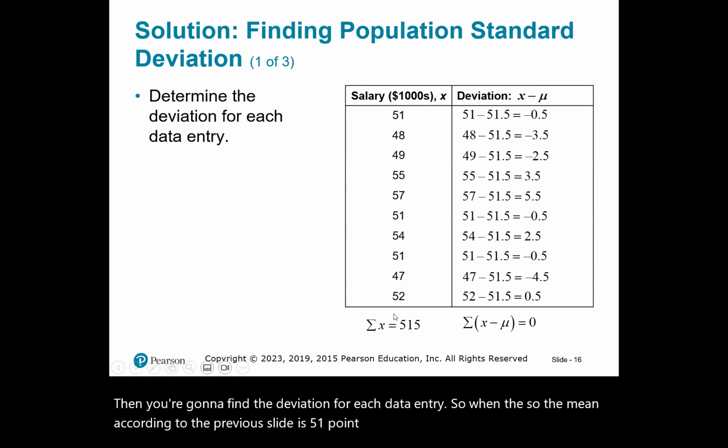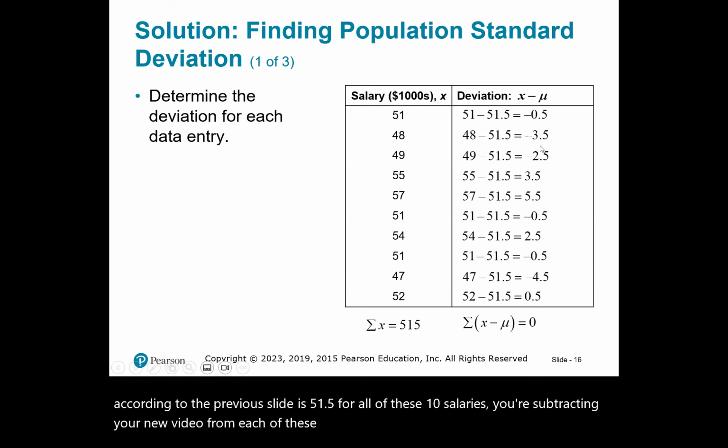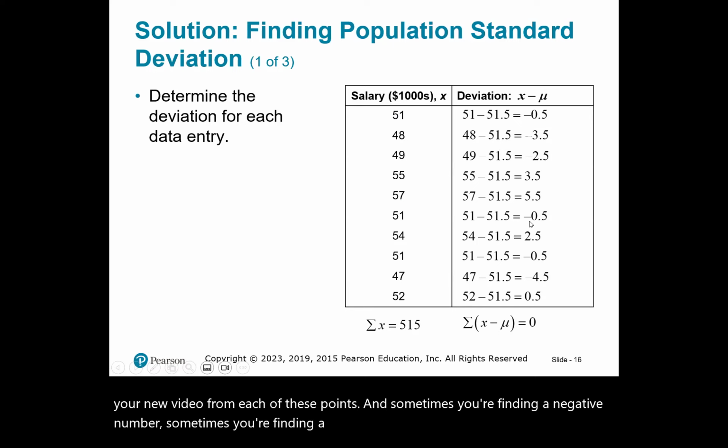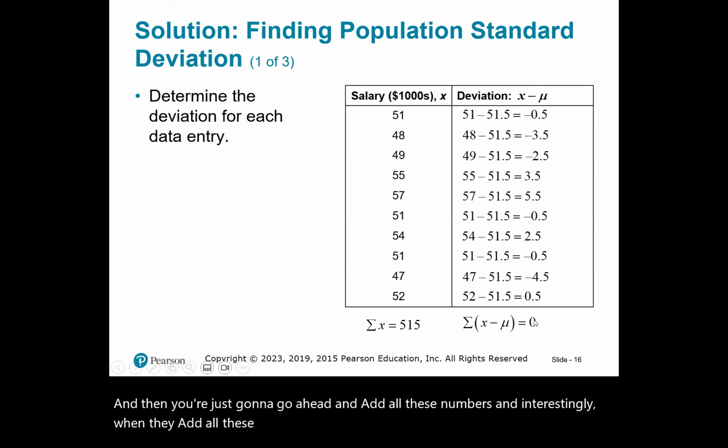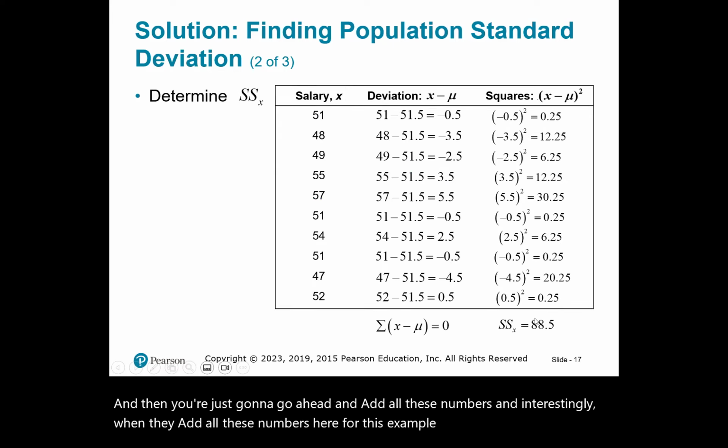For all of these 10 salaries, you're subtracting your mu value from each of these points, and sometimes you're finding a negative number, sometimes a positive number. And then you're just going to add all these numbers. And interestingly, when you add all these numbers for this example, the sum is equal to 0.